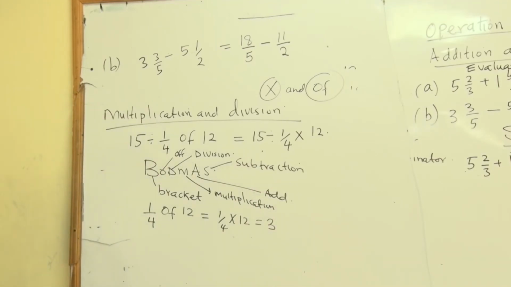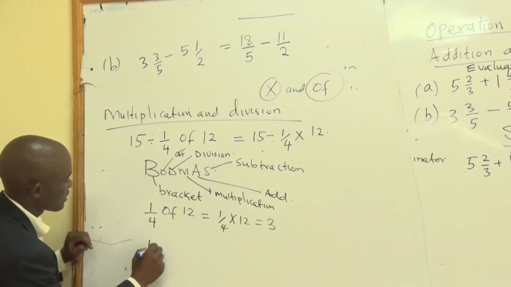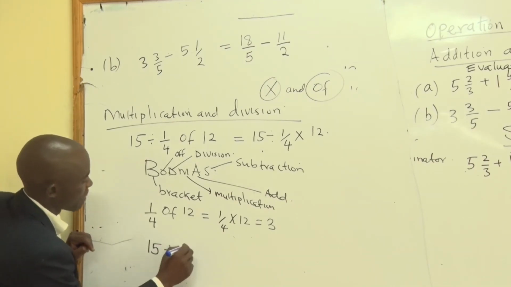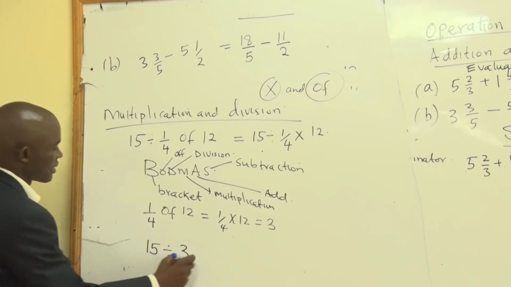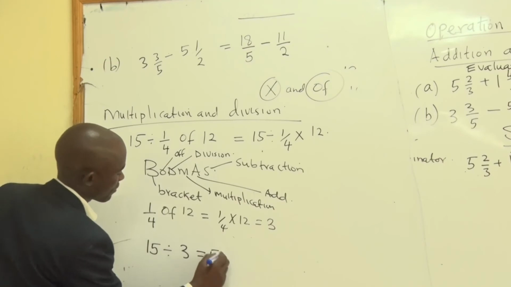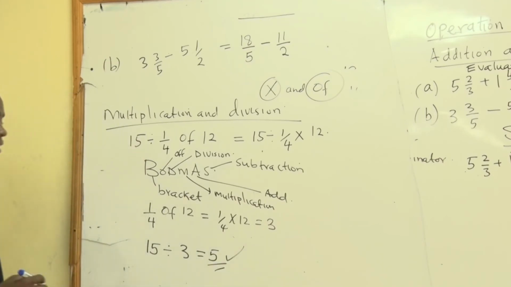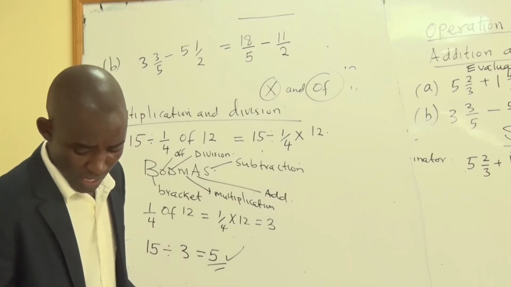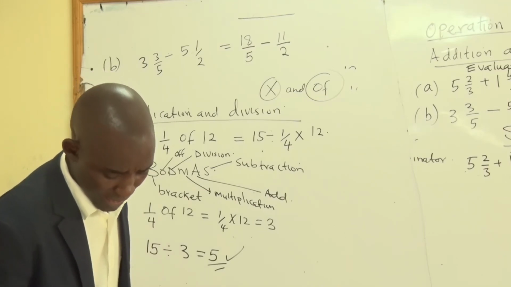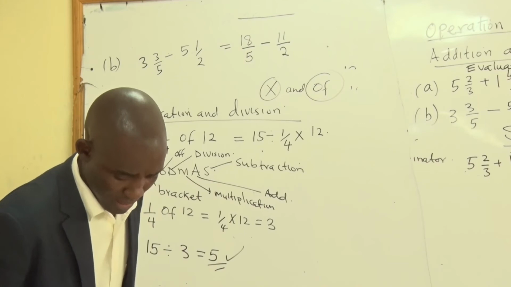After you solve that, we attach back: 15 divided by the answer, which is 3. So 15 divided by 3, the answer is 5. That becomes the answer to that particular question.